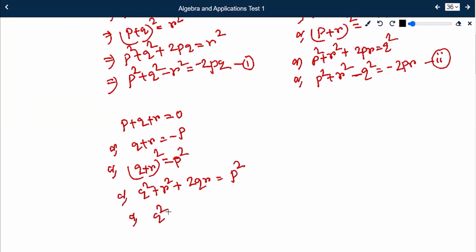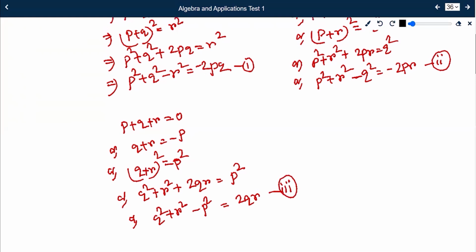So it becomes q square plus r square minus p square equals 2QR, right? Name it equation number 3.